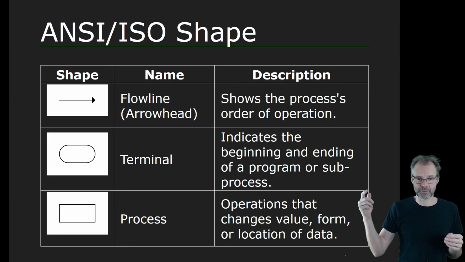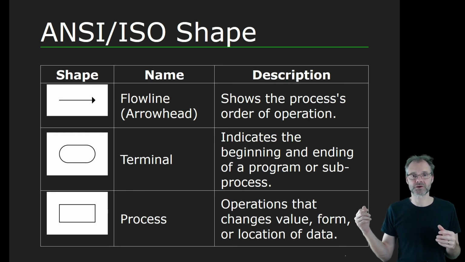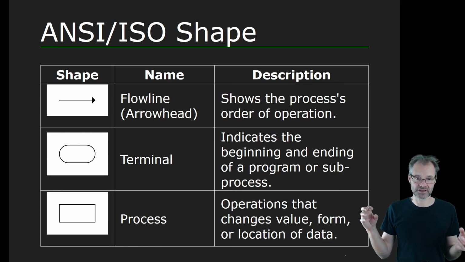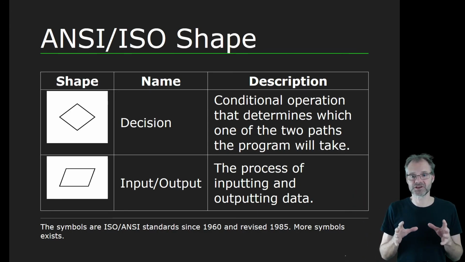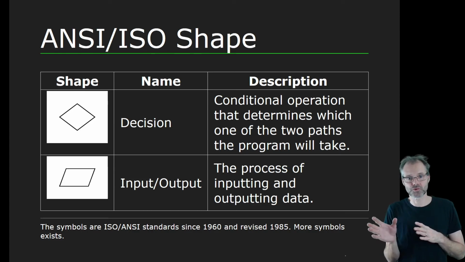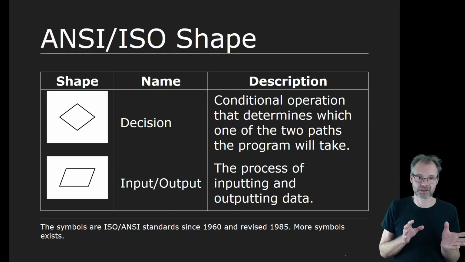We have the terminal, which is the start point and end point of a program or a subprocess. And then we have the process, where something happens, changes value, something is processed there, and that is the rectangular box. We have the diamond, which is the decision point, a conditional operation, where the program flow goes this way or that way.